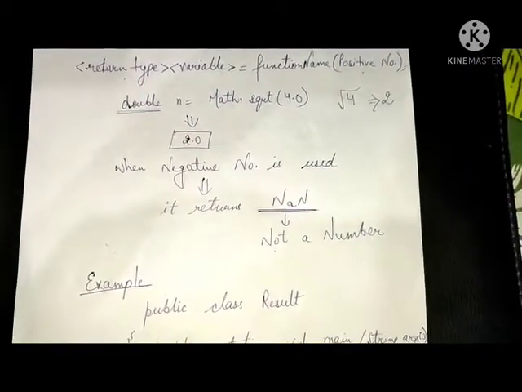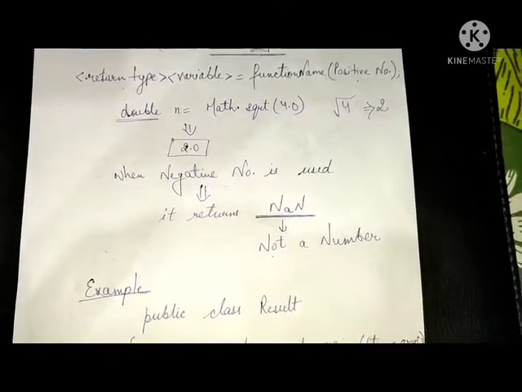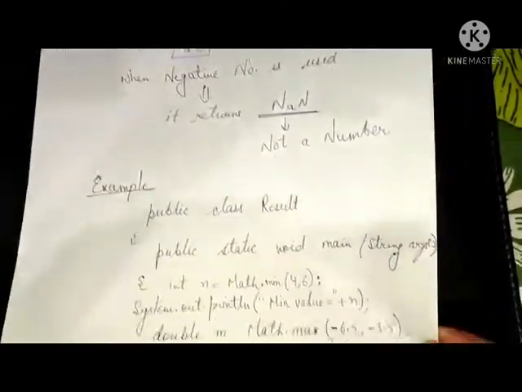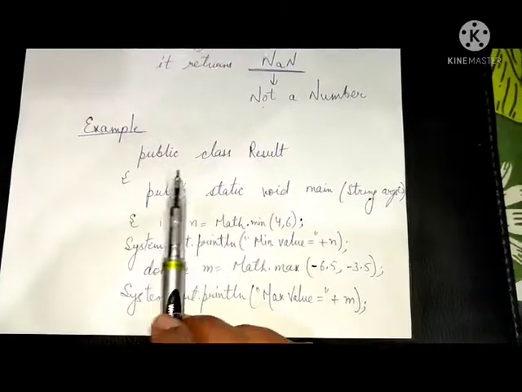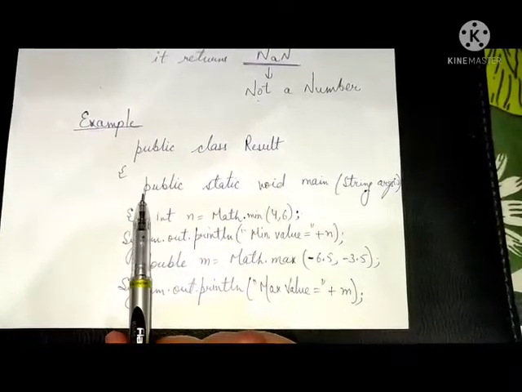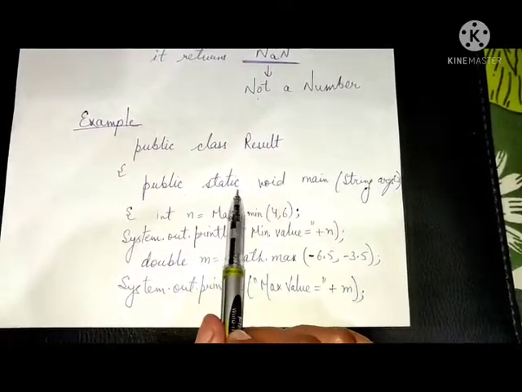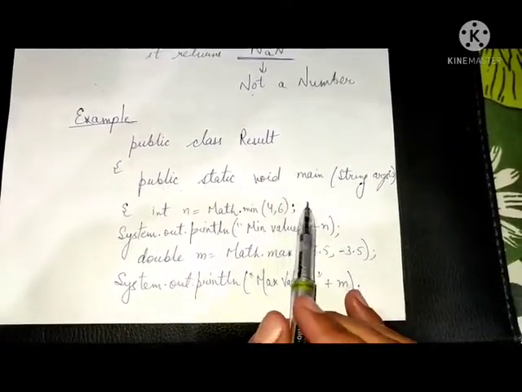Students, in your book there are different programs for each and every method, but I am writing only one program for all the four methods that we have already discussed. So let's take example. I am writing the class result, and inside the result class I have to declare the public static void main method, as usual we have done in every class.